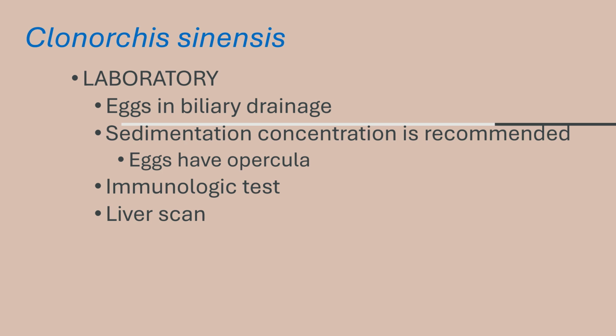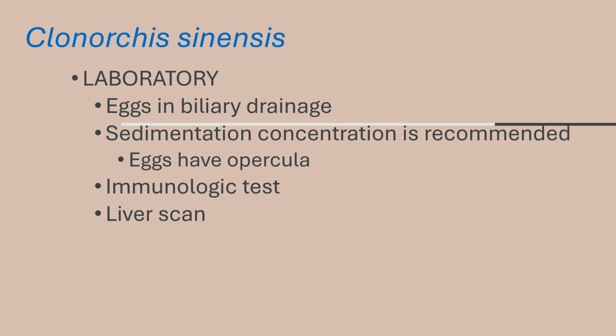Autopsy, sorry. And yes, as for the diagnosis, you can consider individuals who have lived in areas where infections are endemic and have a history of eating raw fish and have symptoms of upper abdominal pain, indigestion, diarrhea, and hepatomegaly.